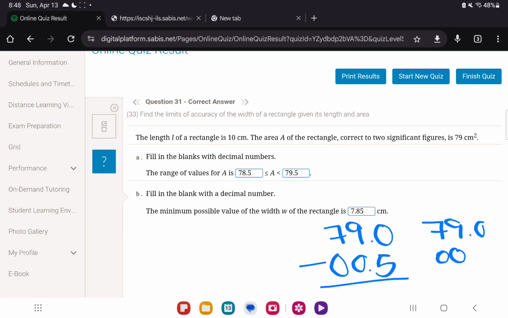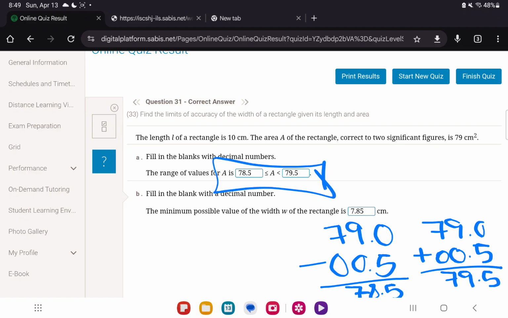If you don't get what I mean and you're in the grade 9 big group, just go to the file I sent on that big group and go to the last page, and there it will explain to you why I did this, okay? Because if you didn't get what I meant by now, I don't think you're going to get it. So 79, when you minus it, you get 78.5, and here you get 79.5, and that's the range you have.